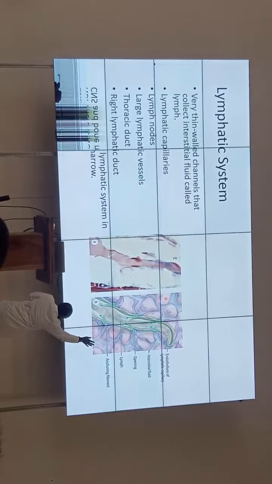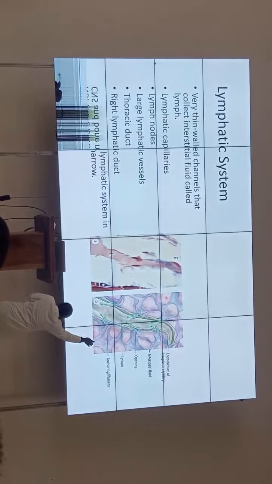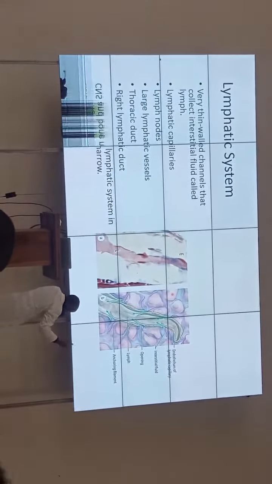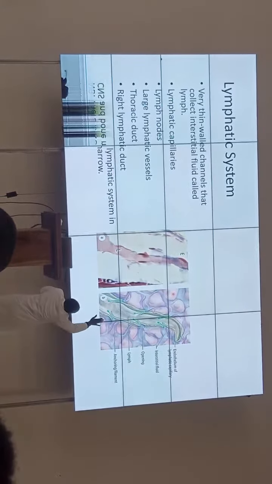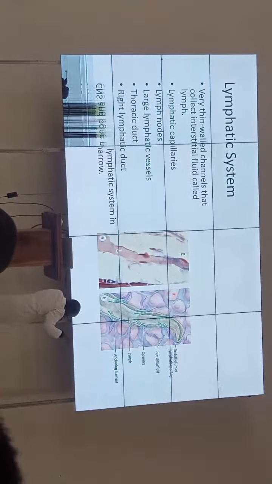So when blood comes, as nutrients and oxygen are escaping the blood system, what else was escaping? Fluids, isn't it? So those fluids, when they go here, they must find their way back.